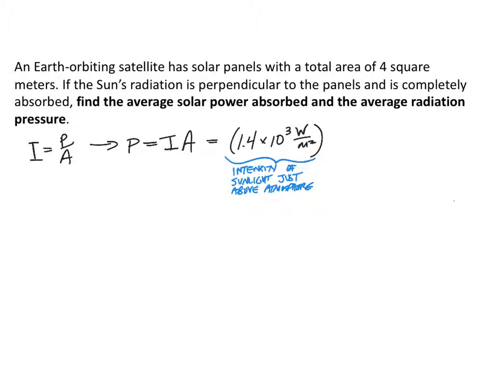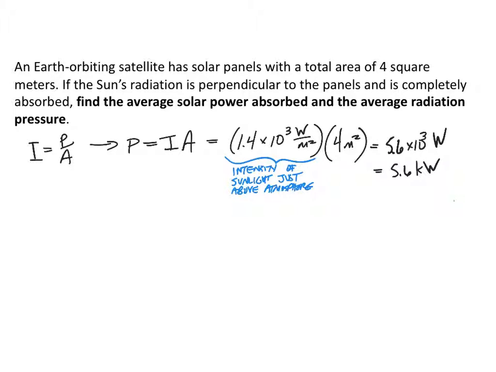That's sort of a giveaway, and then we know the other value, 4 square meters. So in one sense, this is a really easy part of this problem, and this problem's relatively simple if you have the formula set. So you get 5.6 times 10 to the third watts, or 5.6 kilowatts, would be the power that could be absorbed there.